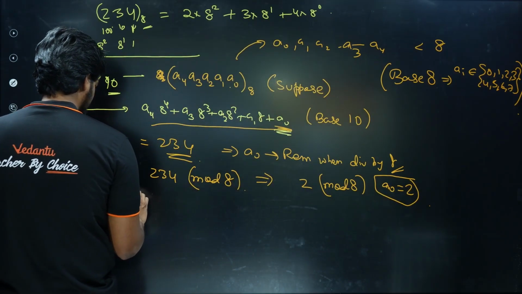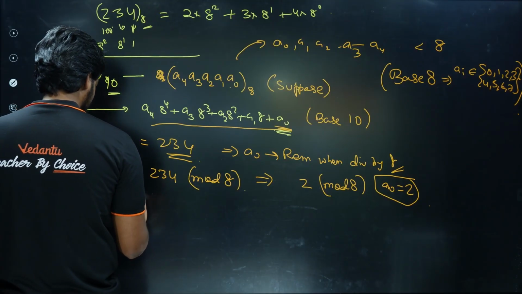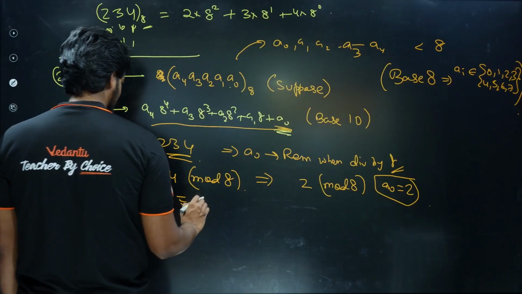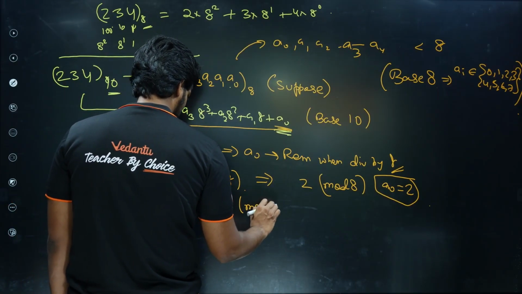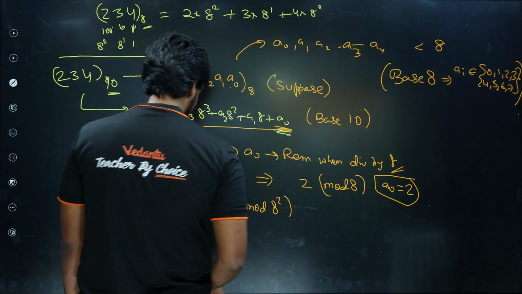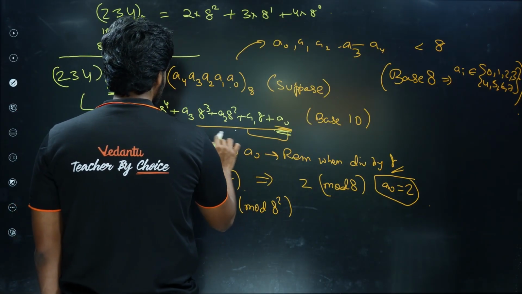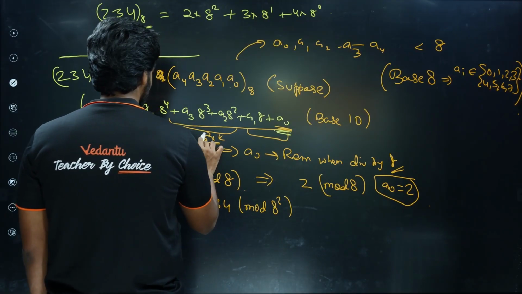Now a1 into 8 plus a0 is congruent to 234 mod 8 square, isn't it? If you take this, all this is something 8 square into k, isn't it?